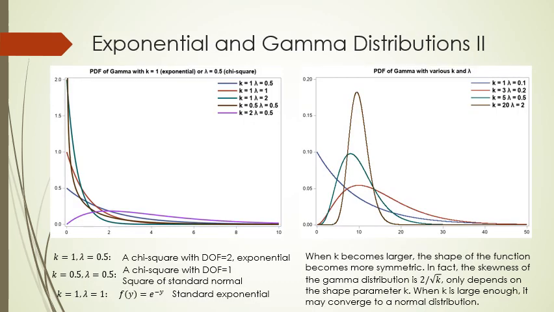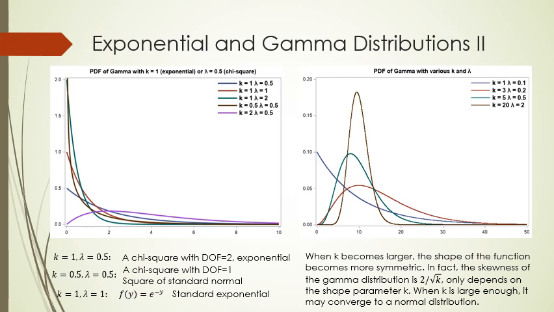This slide shows the PDF of the gamma distribution in two special cases, exponential and chi-square. The left graph shows the PDF of the gamma distribution with k equal to 1, which is exponential, or lambda equal to 0.5, which is chi-square distribution. Here, the blue curve has k equal to 1 and lambda equal to 0.5.